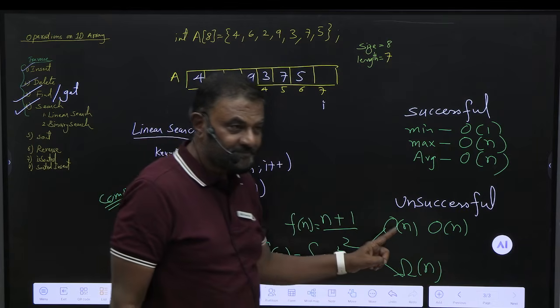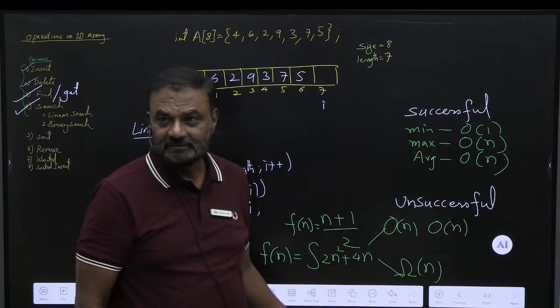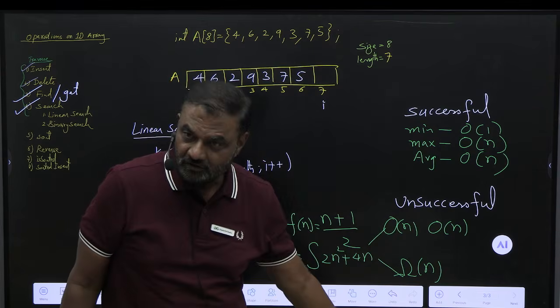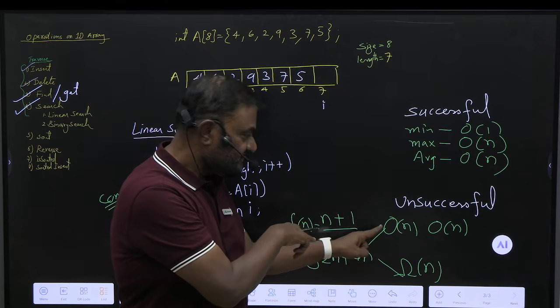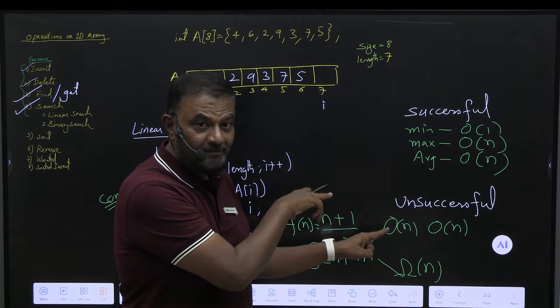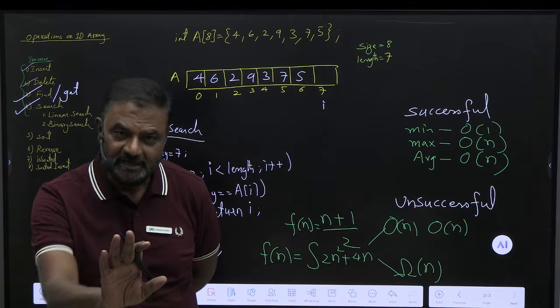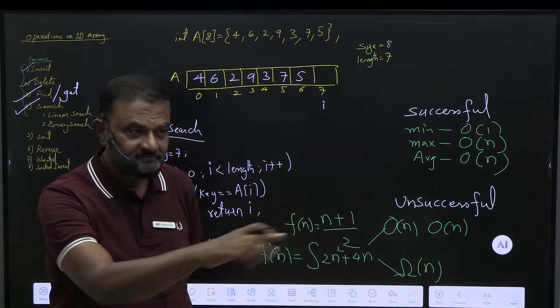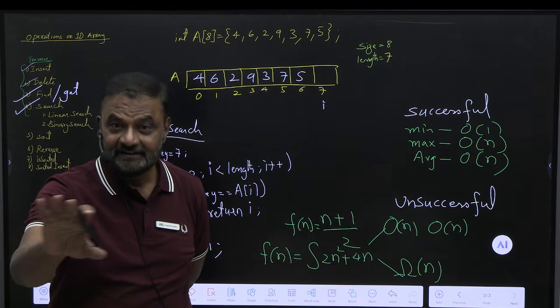Either the higher polynomial or the lower polynomial. So that is the upper bound or lower bound. If you are taking the upper bound, we say big O. If you are taking the lower bound, you say omega. The idea has come: what are omega and big O, did you understand?